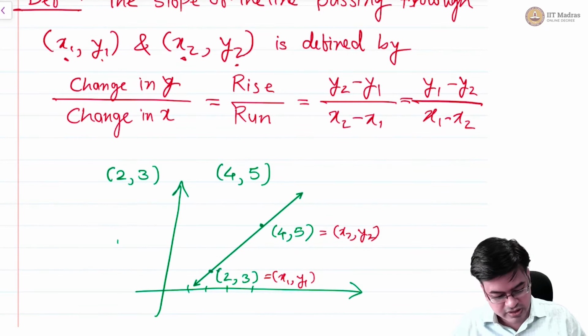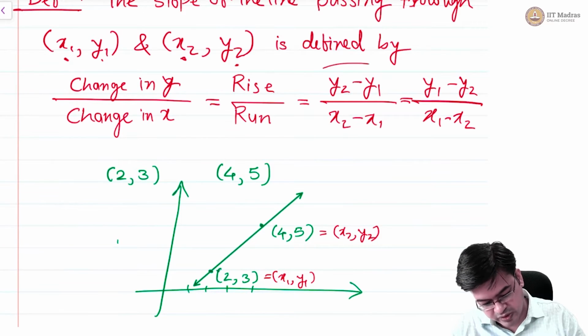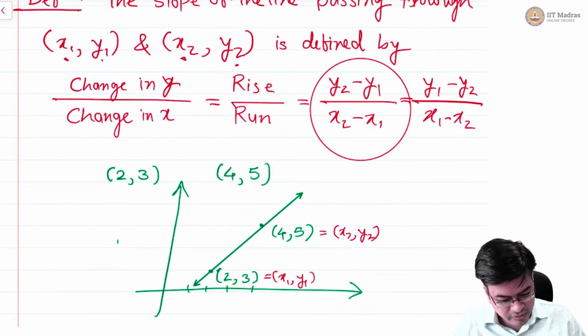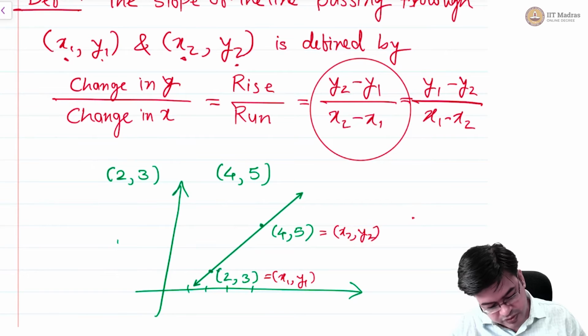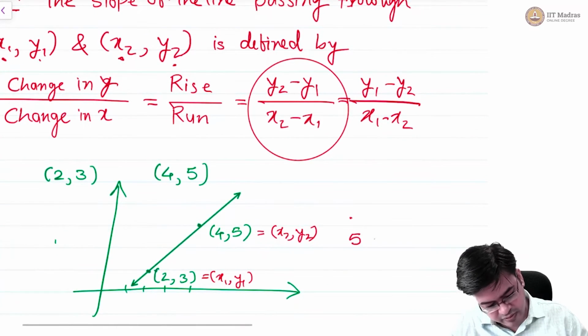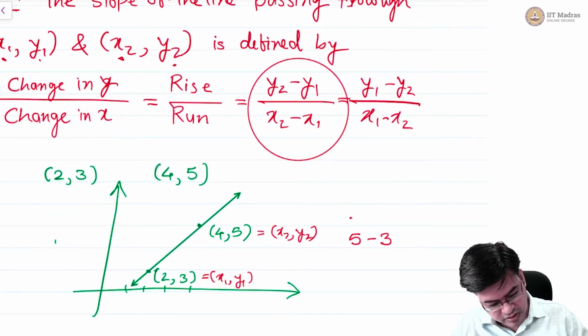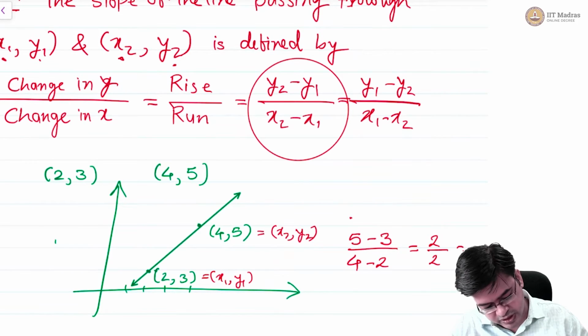So according to this formulation, I will consider y2 minus y1, which will be 5 minus 3, that is y2 minus y1 upon x2 minus x1. So remember here x2 is 4 minus 2, so it is 2 by 2, which is equal to 1.